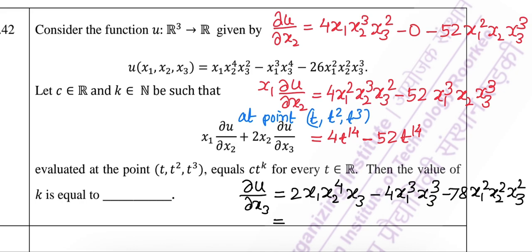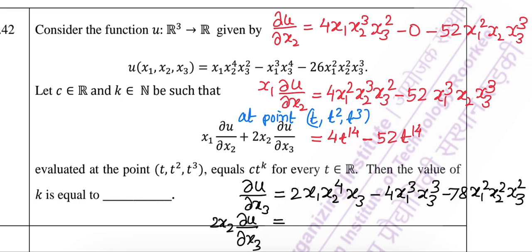So placing all these things, we have the next step. One thing is remaining there. Here you must observe that this whole thing will be multiplied by 2x2. So then the next step will be 2x2 del u by del x3.